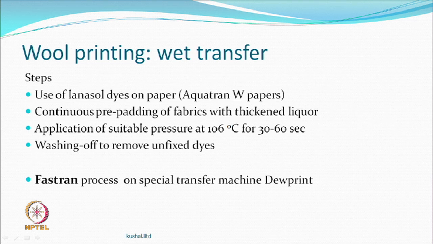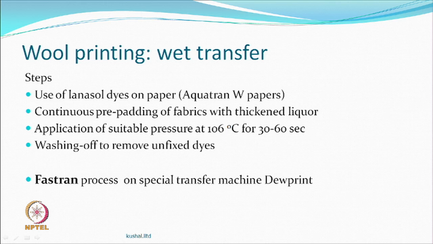Steps of this particular fast tran process, they used first linazole reactive dyes, and the paper that were printed were called the Equatran W papers, which are commercial. One important thing is that because sometime they will be coming in contact with water, some coating etc. was required. So, linazole dyes on paper.